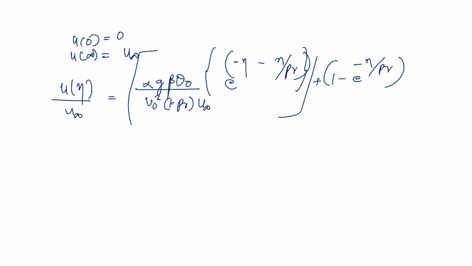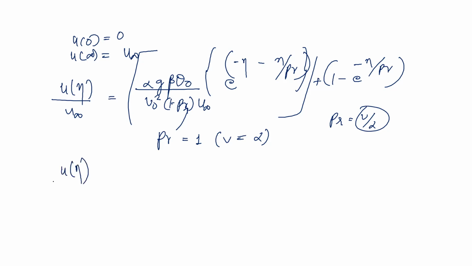You can see PR coming, right? So if PR is tending to 1, nu equal to alpha case, right? Because PR equal to nu by alpha. Prandtl number is equal to the ratio of kinematic viscosity to thermal diffusivity. So in that case, we can't use this because 1 minus PR is here. So if PR becomes 1, then this goes to infinity. Okay. So that case is a limiting case. So we can apply the L'Hospital rule so that we will get the corresponding differentiation.